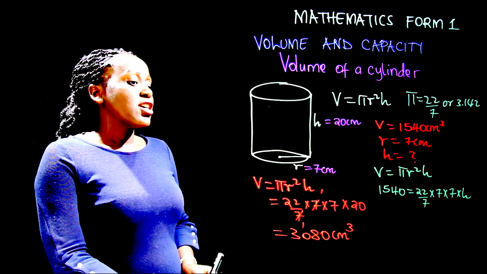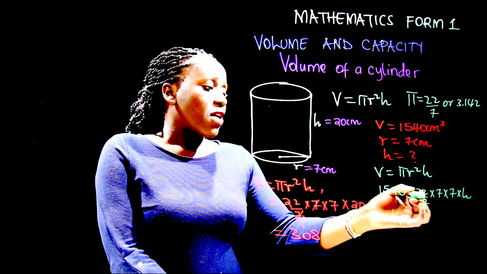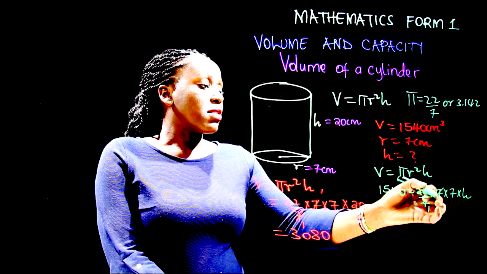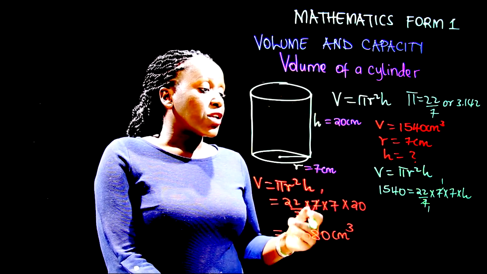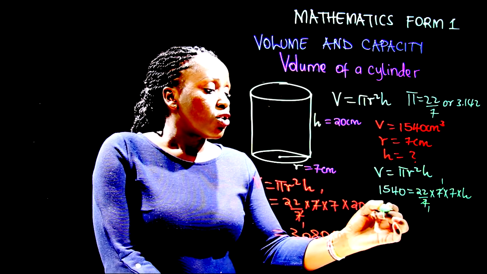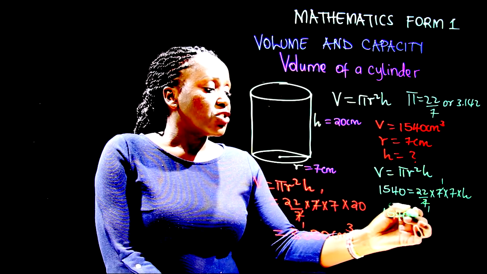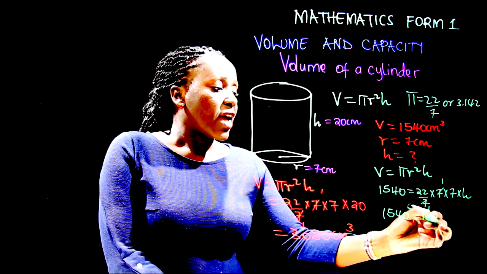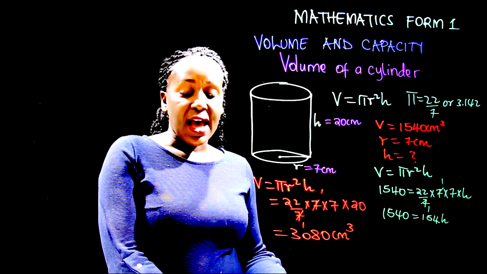All right. So if we cancel out this 7 by 7, then 22 times 7 is 154. So 1540 will be equal to 154 times the height.